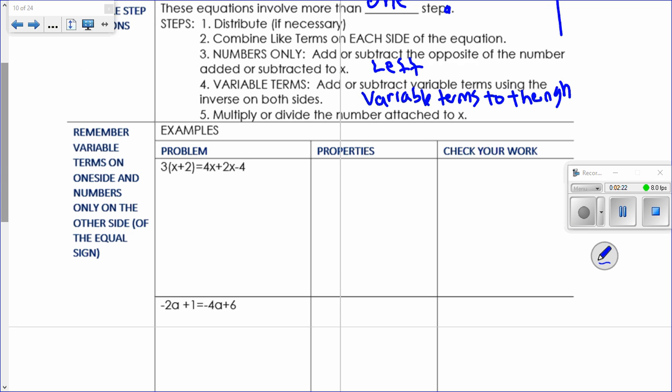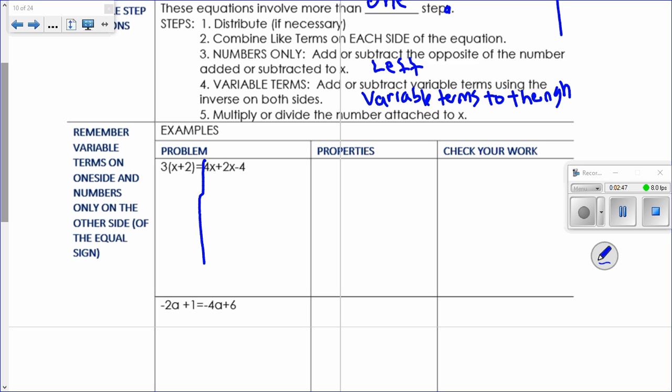What I like to do is to go ahead and just go through each step. Draw a line down the middle to separate the sides. So on the left, I have to look and see, do I need to distribute? Yes, you do. So I'm going to go ahead and distribute.